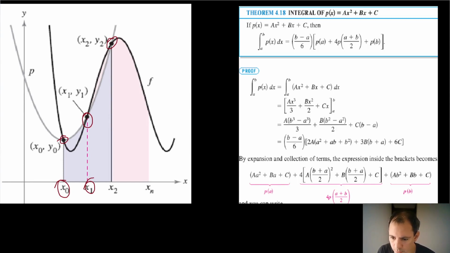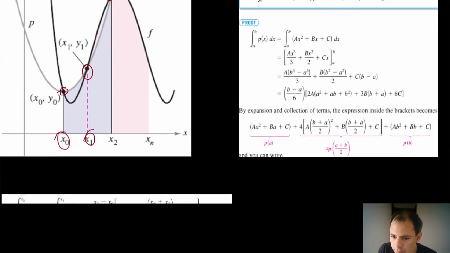Okay, but also when you plug it in the formula, well, okay, for now it's going to be fine. So you got a 1 here, you got a 4 here, and you got a 1 here. So you see that the coefficient is going to be, yeah, for this I'm gonna do it down there. Yeah, it's better explained in here.